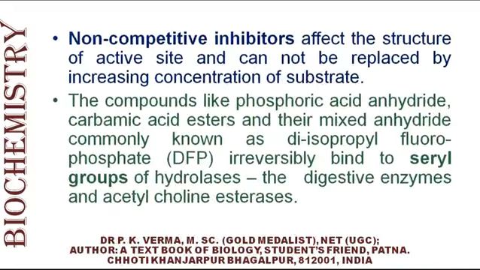The compounds like phosphoric acid and hydride, carbamic acid esters, and their mixed anhydride commonly known as diisopropyl fluorophosphate, DFP, reversibly bind to serine group of hydrolases, the digestive enzymes and acetylcholine esterases.